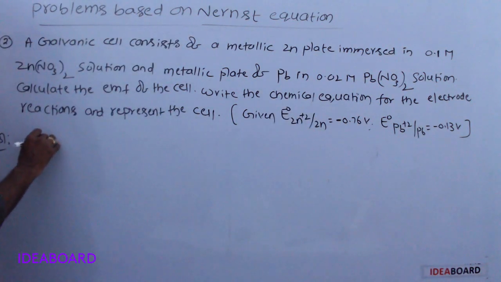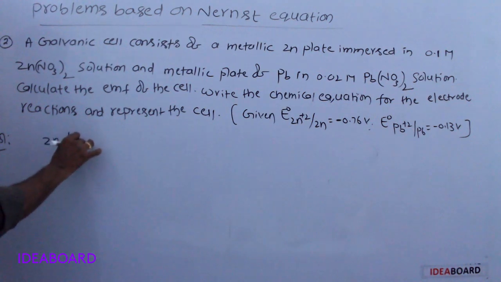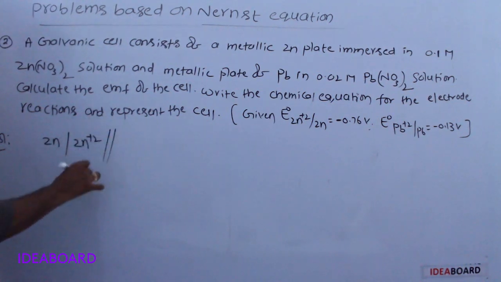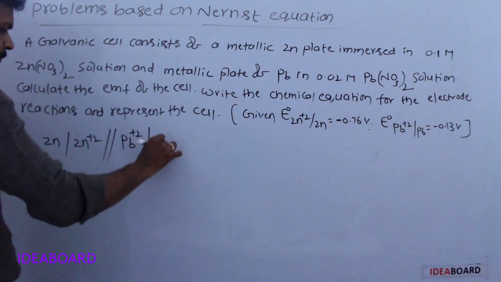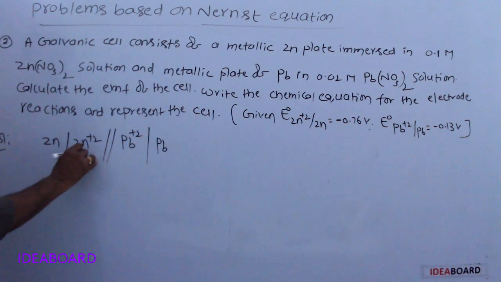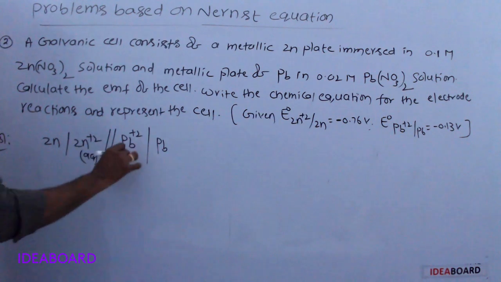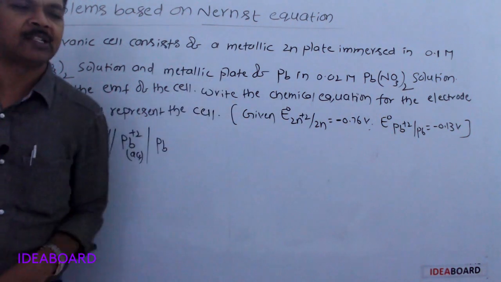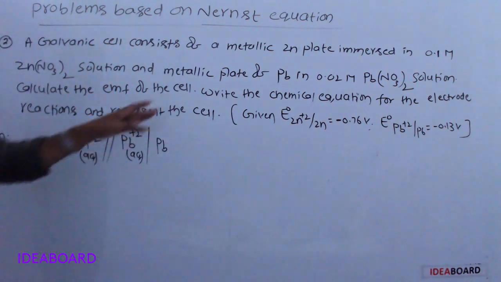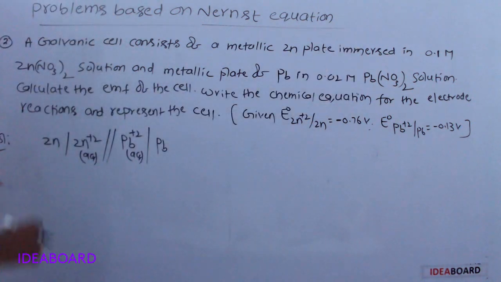So first, the representation: Zn, Zn plus 2 aqueous, salt bridge, Pb plus 2 aqueous, Pb. This is the representation of the cell. Next, write the chemical equation.